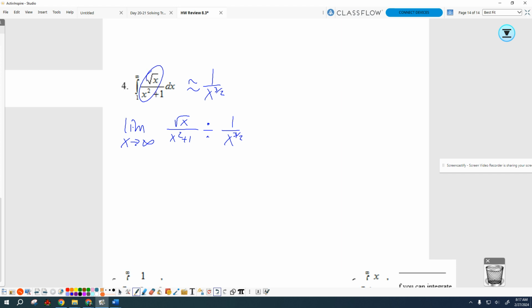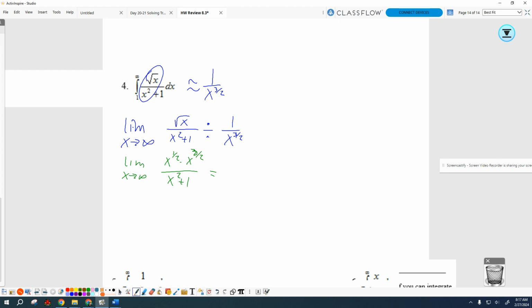Highest exponent on the top, highest exponent on the bottom, reduce them. X to the half over x squared is x to the 3/2. So that's x squared over x squared.